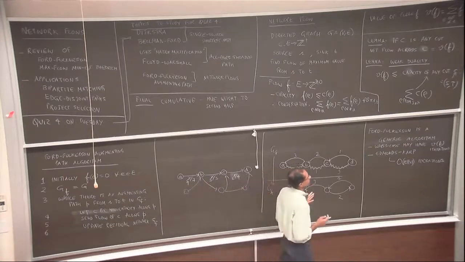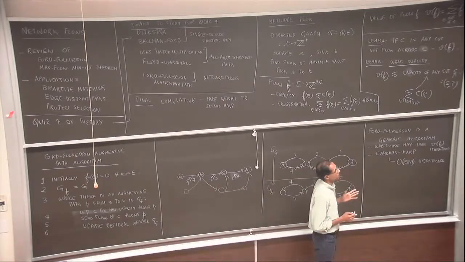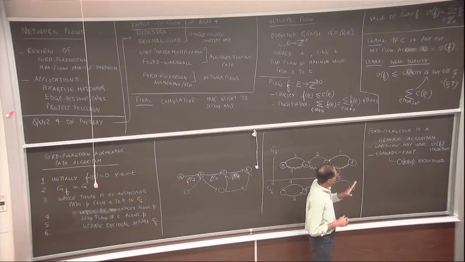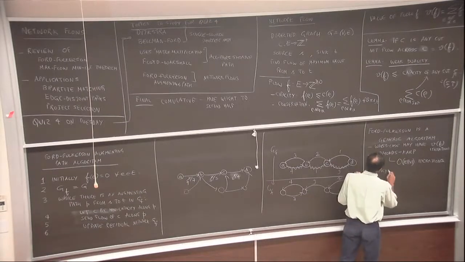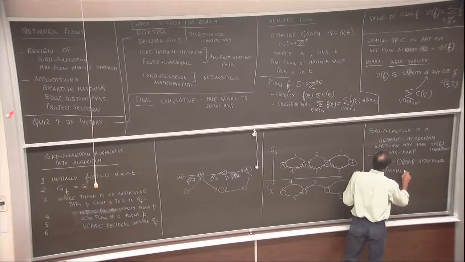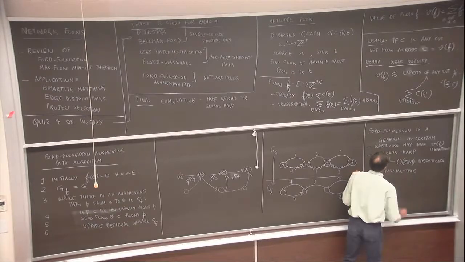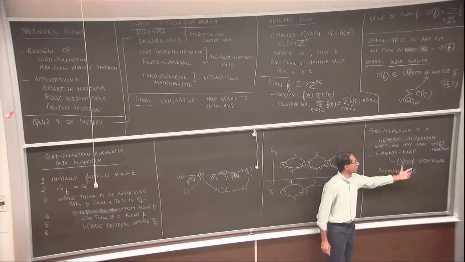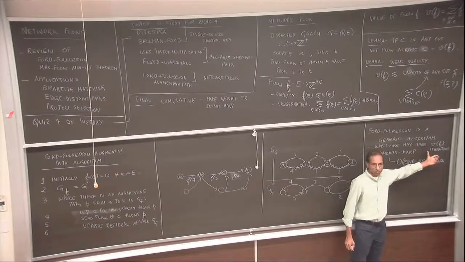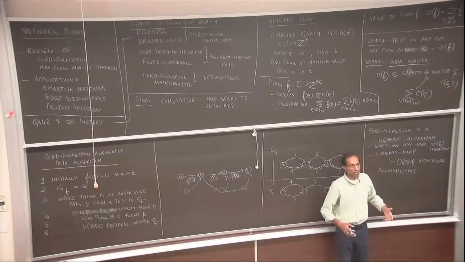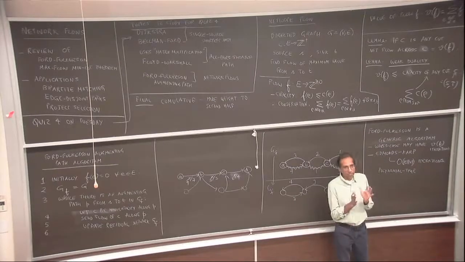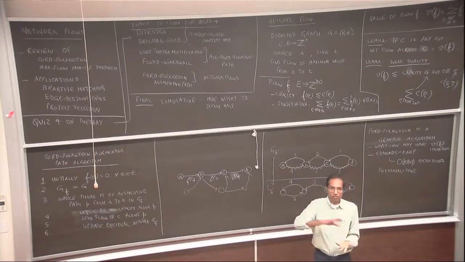I think you can do it in V squared times E, but basically the point is that this algorithm is guaranteed to complete in polynomial time, only dependent on the size of the graph, not dependent on the actual value of the flow. So even if the graph is of size 100 vertices, but the value of the flow is 1 billion, this will just take time dependent on the size of the graph.